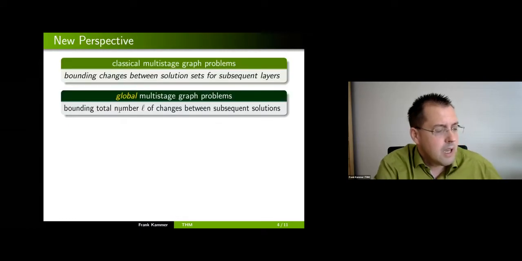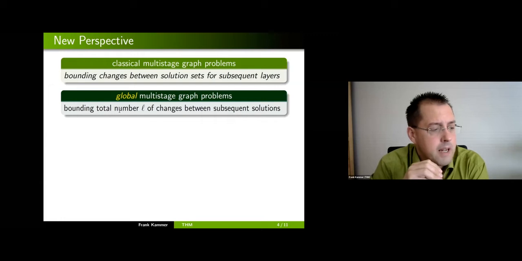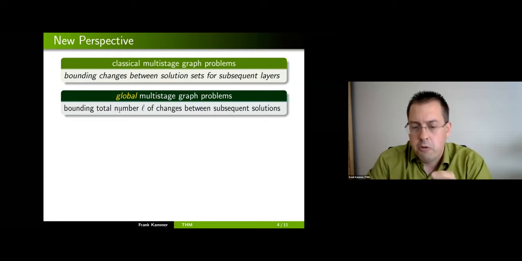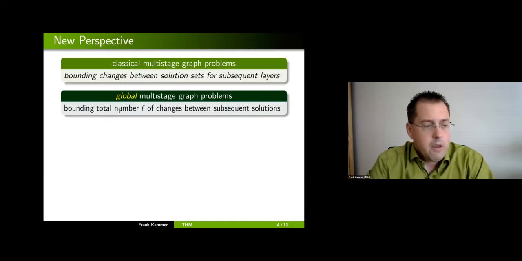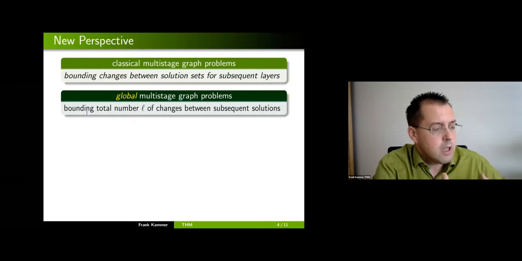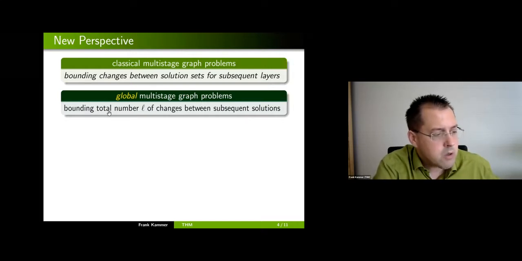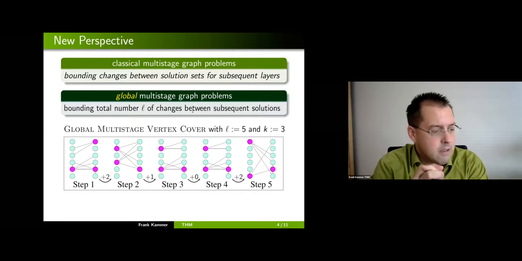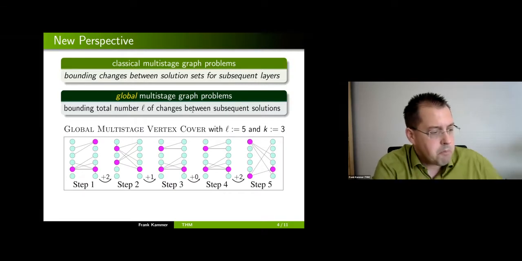What we are doing is we consider a global multi-stage graph problem. Now we do not bound the change from one step to the other. We do not have a local parameter, we consider it globally. So we bound the total number of changes between subsequent solutions. Again, let me return to my example.